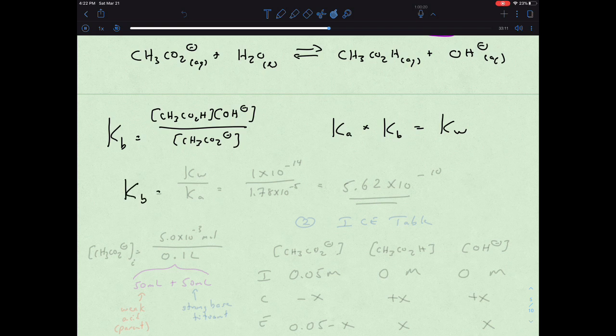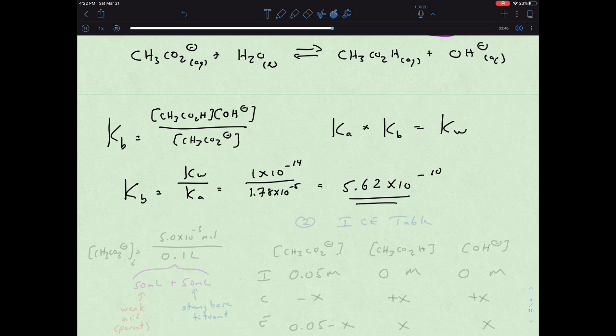So the Kb will be equal to the Kw over the Ka, or 1 times 10 to the negative 14th over 1.78 times 10 to the negative 5th. And so that Kb is equal to 5.62 times 10 to the negative 10th. So there's our Kb.